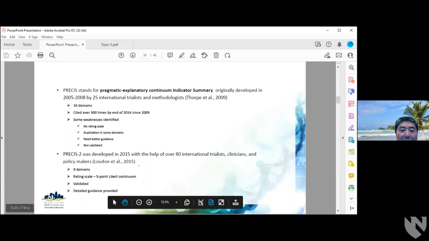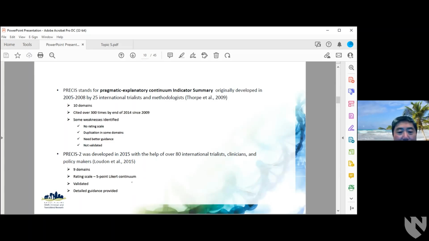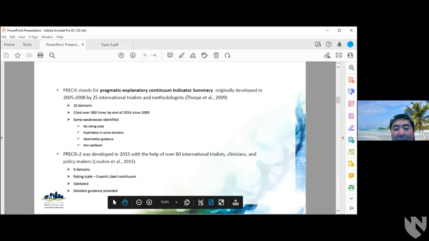Then they provided a 5-point continuum. It was also validated by different people to ensure retest reliability, and they also provided detailed guidance.